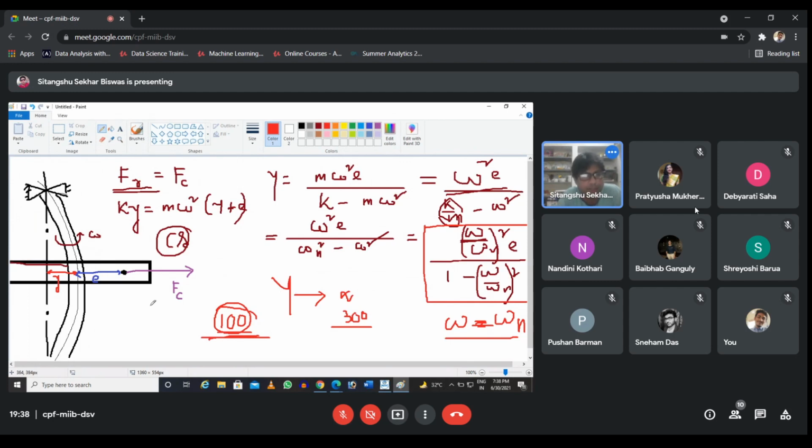Now, the condition which I have shown you just in this figure here, this kind of situation will come when my operating frequency is less than the critical speed or the natural frequency, whatever you call it.